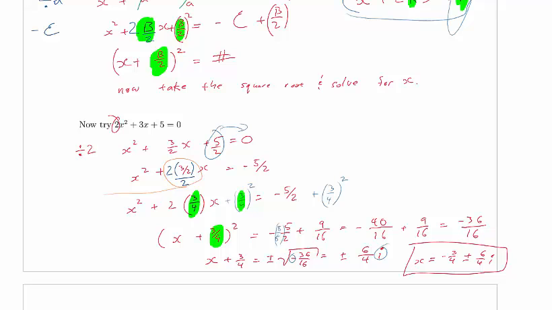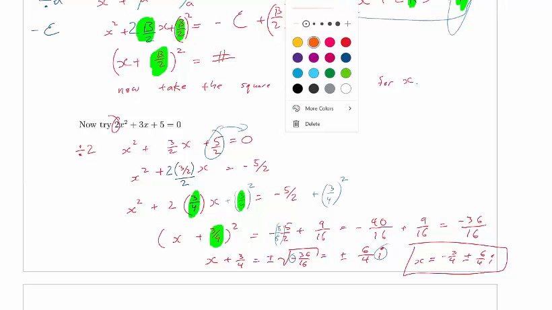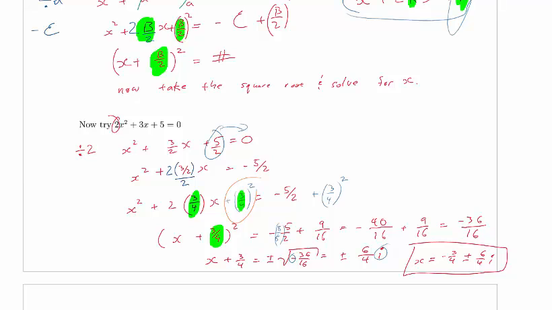And once we did that, that gave us the number that we needed to complete the square with right over here, and note we did it to both sides. And then after that, it was simply a matter of taking the square root of both sides and solving. And that's it. That's how we did it.